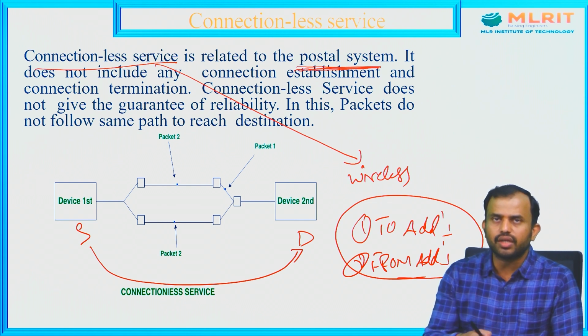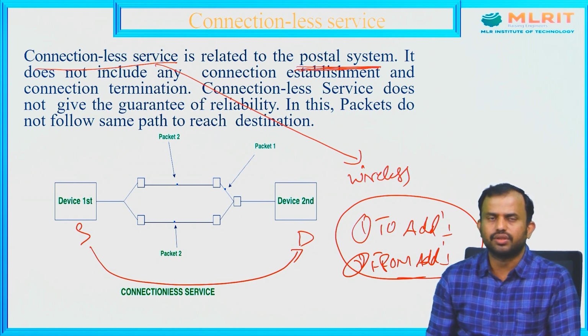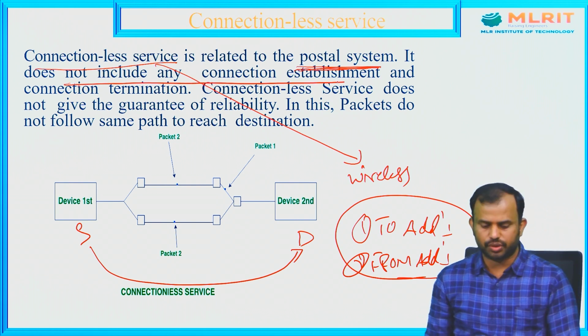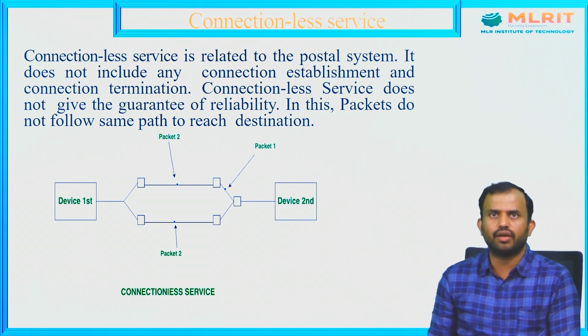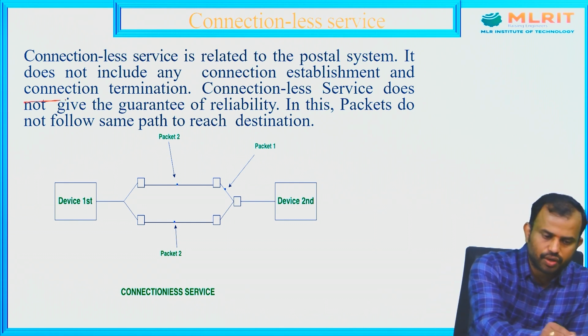Here the third party, which is called the postal system, takes care of communication for the source as well as the destination. That is purely acting as a connectionless communication system. That is the reason it does not include any kind of connection establishment and connection termination. There is no need of connection establishment and no need of connection termination.